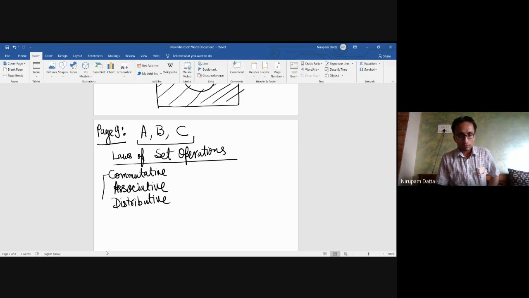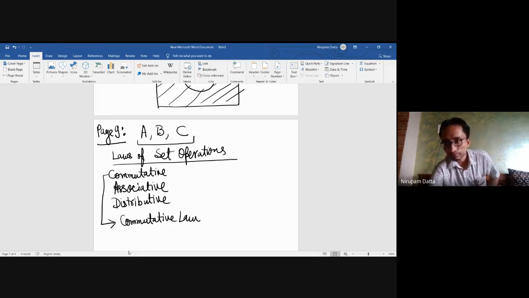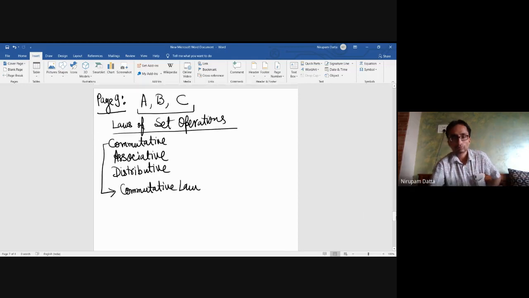So what does commutative law say? Commutative law for two sets A and B.